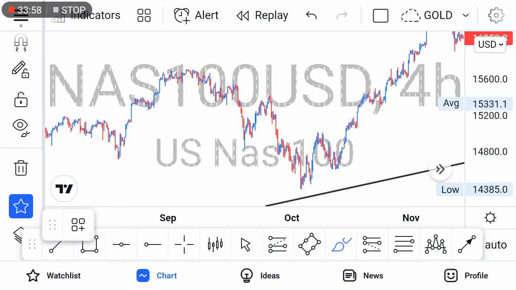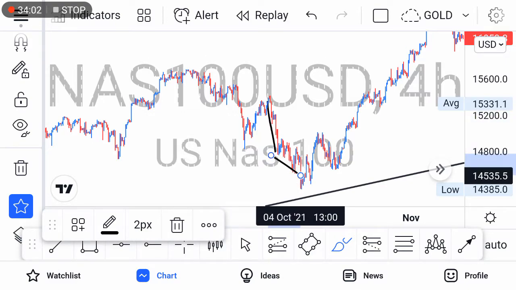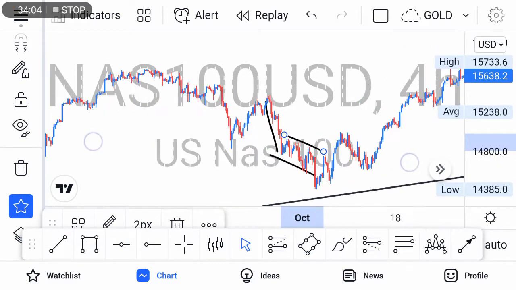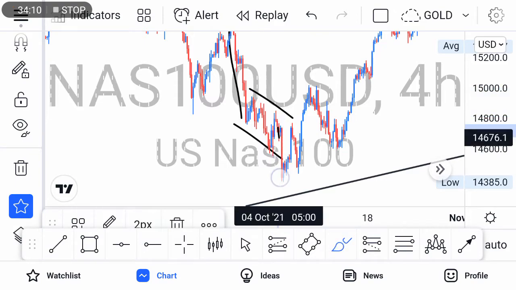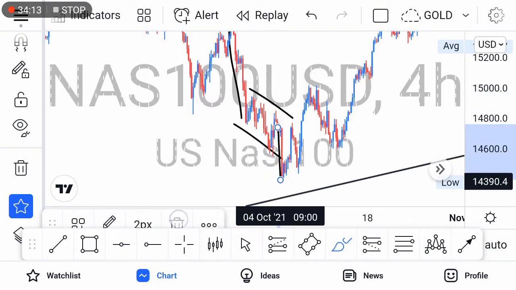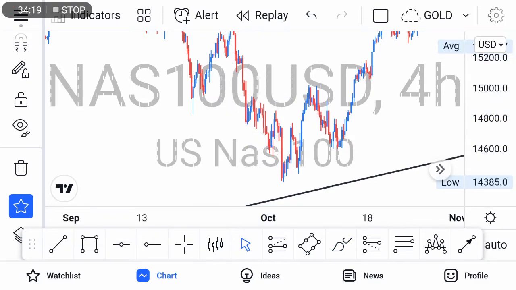Okay, here is our bearish market, and this is our left shoulder, and this is our head. So you know, sometimes the head doesn't fully touch.